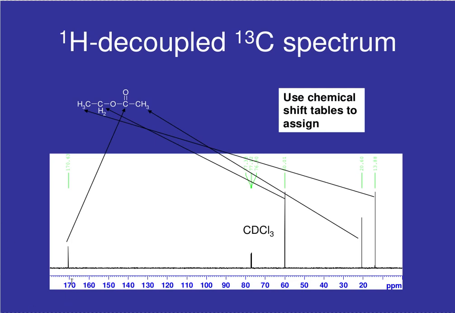So, for example, at close to 200 ppm, we have the carbonyl carbon. At around 60 ppm, we have the CH2 that's near an oxygen, and of course the other ones can be assigned on their relative positions to other chemical functionality. So, use chemical shift tables to assign particular carbon centers to signals in the spectrum.